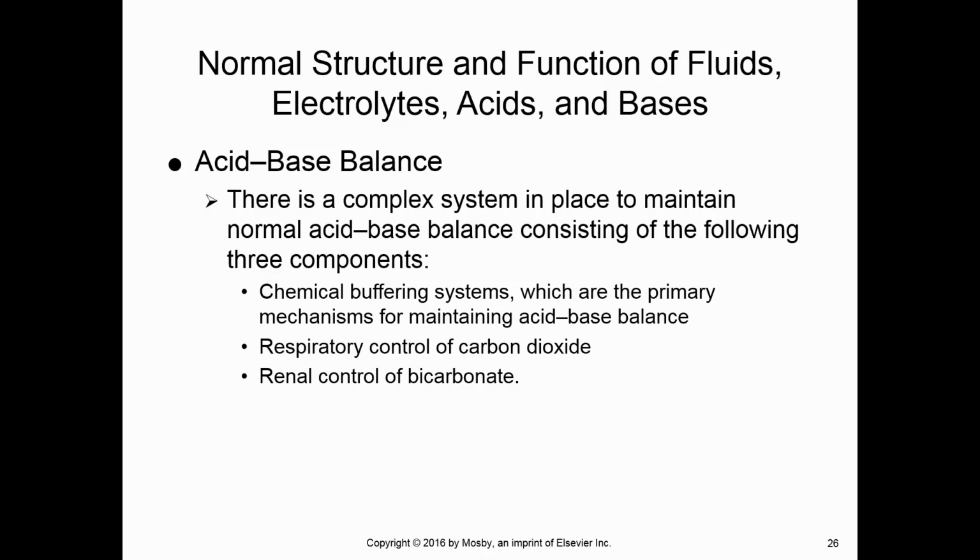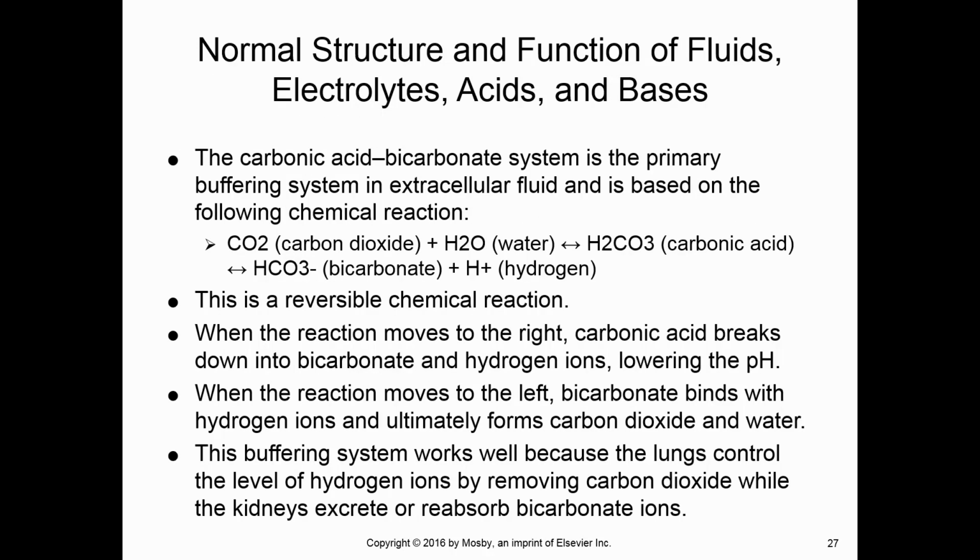Now, if those values are off, if there's some sort of acid-base imbalance, the body does have some mechanisms to try to normalize those values. There's a chemical buffering system, there's respiratory control, and there's renal control. And we'll go through those, okay? Here is your buffering system.